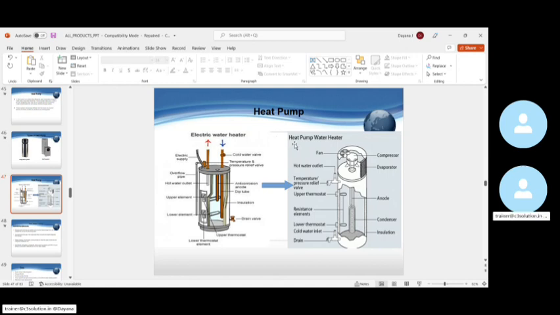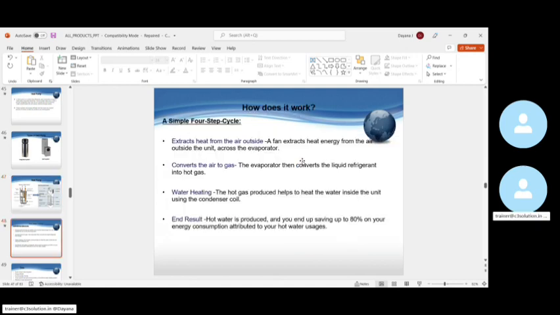By using the evaporator, the fan extracts the heat energy from the air. The evaporator then converts the liquid refrigerant into a hot gas. So this is how it works.